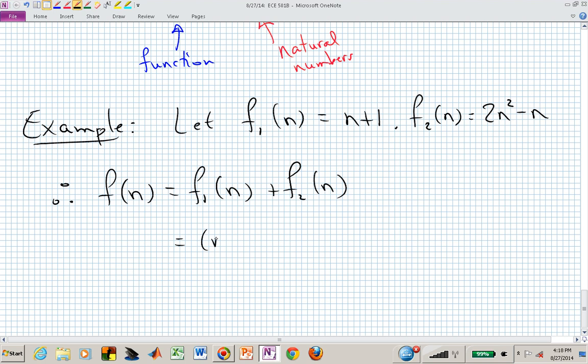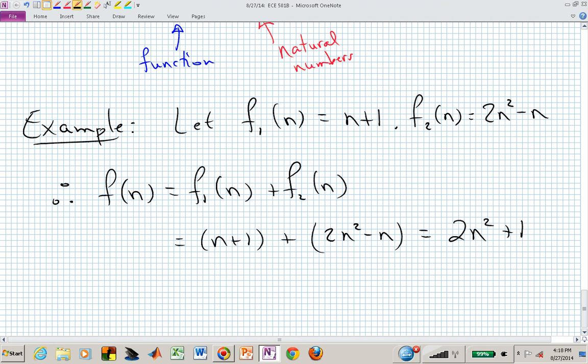That now says that we're adding n plus 1 to 2n squared minus n, or we now have 2n squared plus 1. Does that belong to the vector space as we defined it?